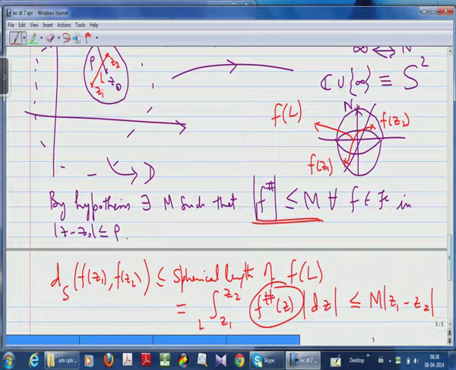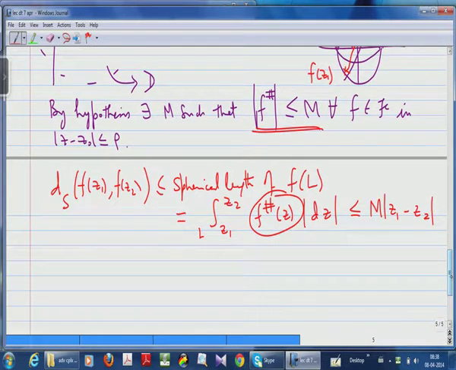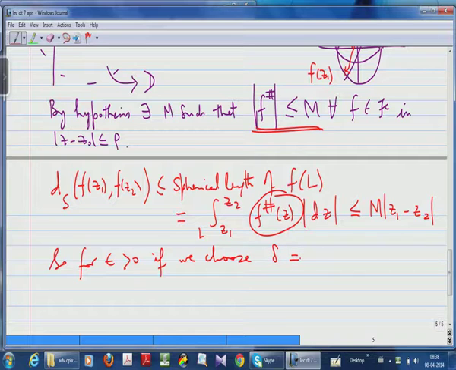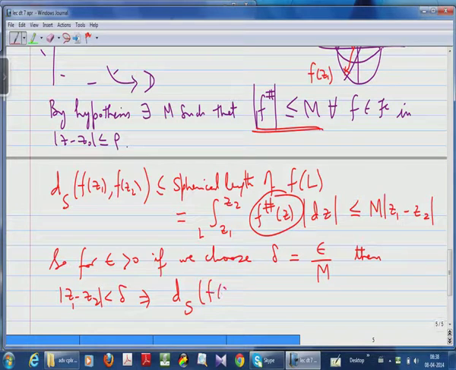So I get this. But now what is the advantage of this? It tells me I have got equicontinuity. For epsilon greater than 0, if we choose delta to be epsilon by M, then mod z1 minus z2 less than delta will imply that the spherical distance between f of z1 and f of z2 is less than epsilon.